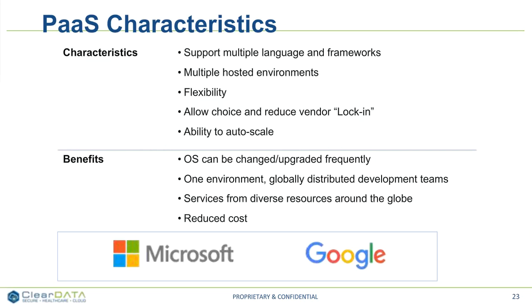Going to slide 23, some of the platform as a service characteristics include support for languages and frameworks, multiple hosted environments. There's lots of flexibility with a PaaS. This is really also a choice by many who want to try to avoid a vendor lock-in scenario.